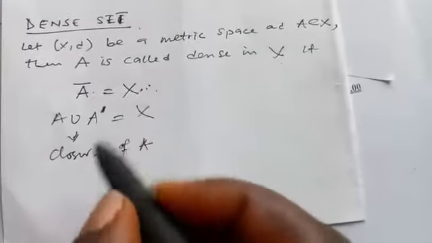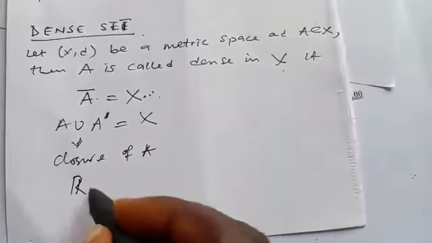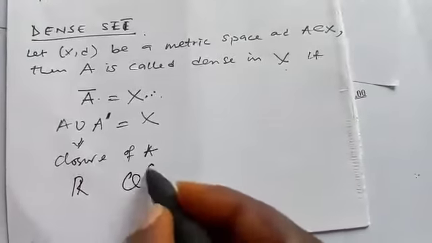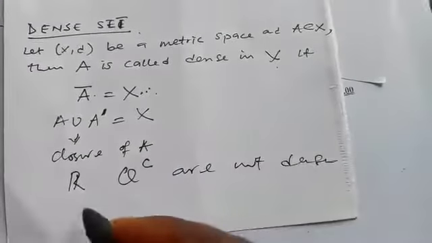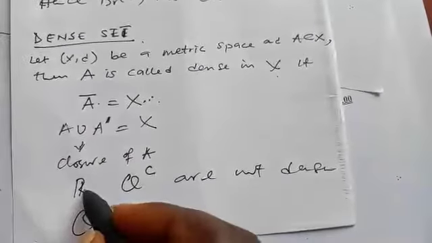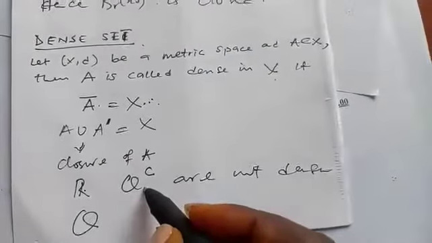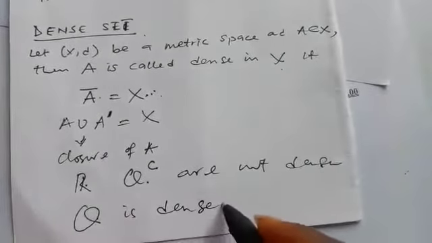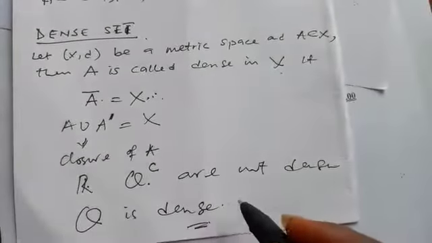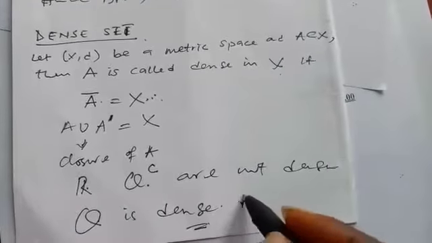For instance, R means real numbers, Q means rational numbers. This Q is dense in R.